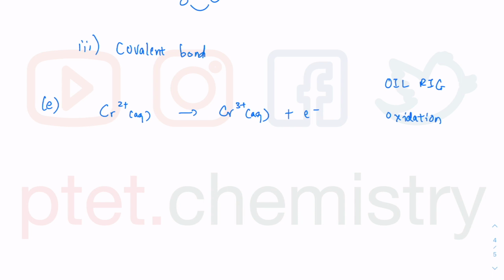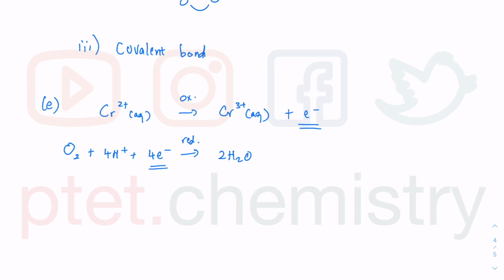So oxygen has to gain electrons. I found it in the data booklet: O2 + 4H+ + 4 electrons going to 2H2O, and this is my reduction. So I write oxidation there, and reduction here, because one is gaining electrons and the other is loss of electrons.